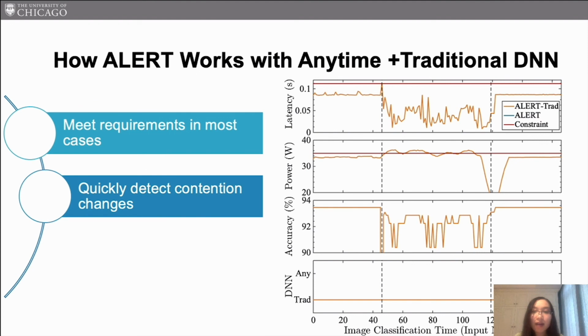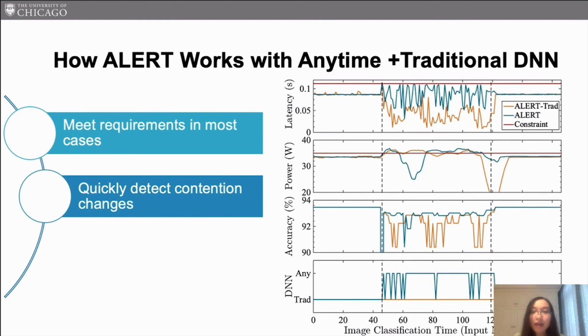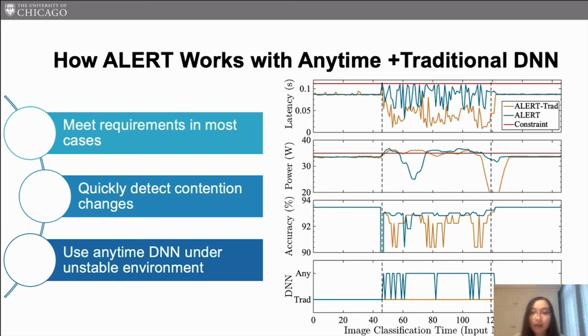Now we demonstrate how Alert works with both anytime and traditional DNNs under the same experiment setting. It is shown in the blue curve. Unlike the previous result, in the volatile environment, Alert switched to the anytime DNN to ensure a result before the deadline, making use of the anytime behavior.